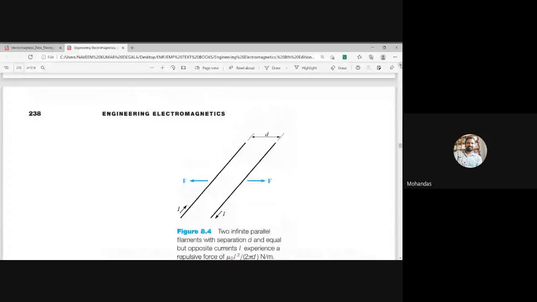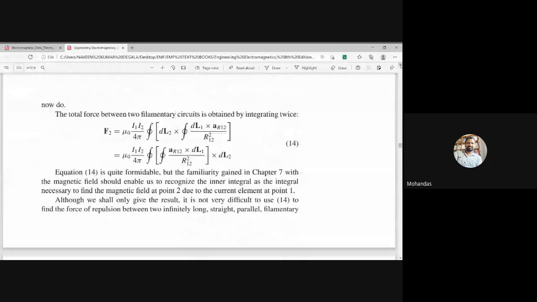I will open the textbook and see in the textbook, there is a problem on differential current elements. See this problem.